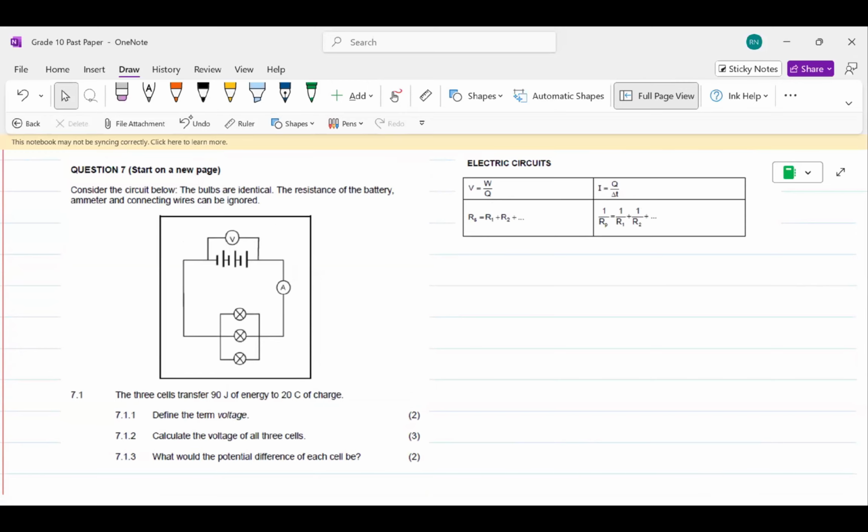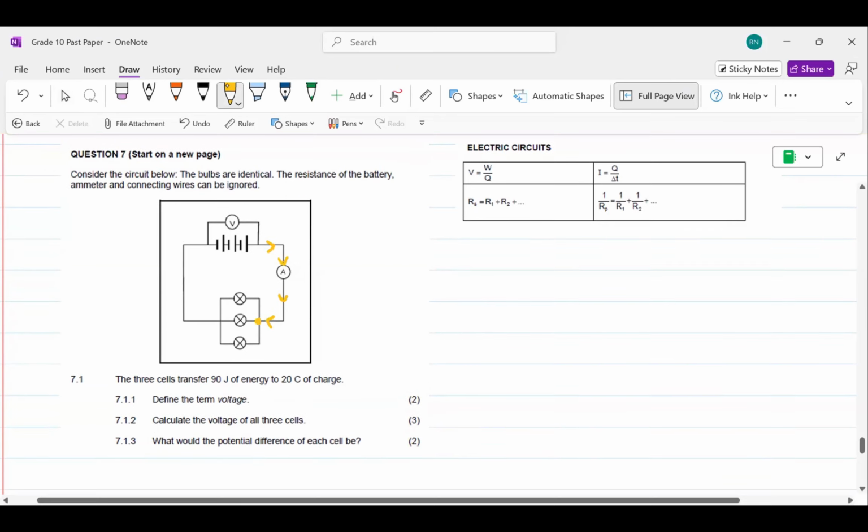If we have our current going this way, and then this way, and then this way, and then it meets this junction over there, it can go down here, there, or there. That means it's a parallel circuit. Perfect.